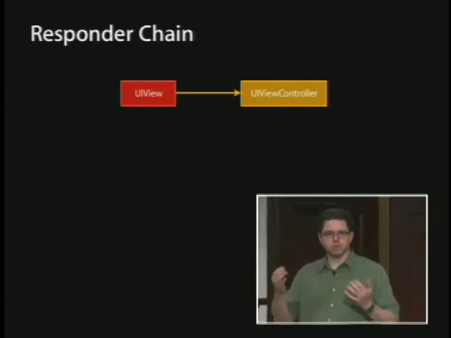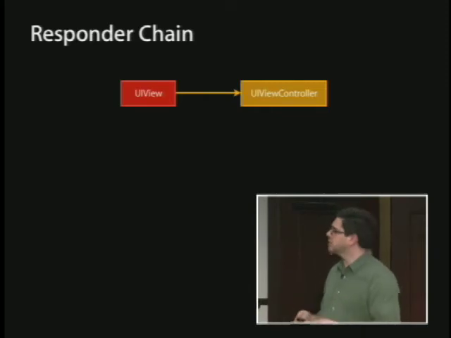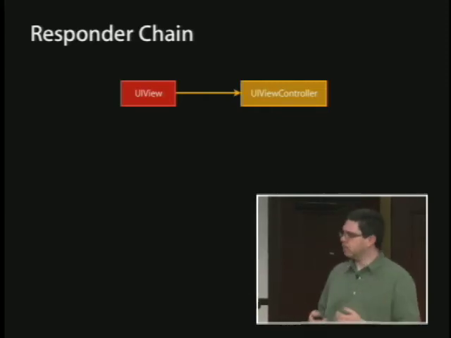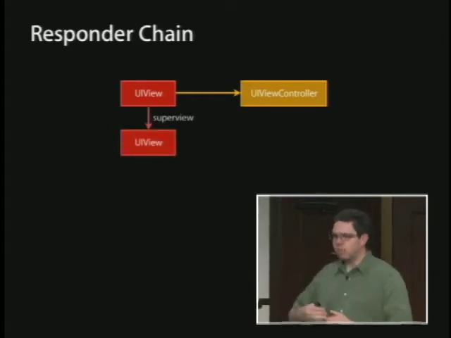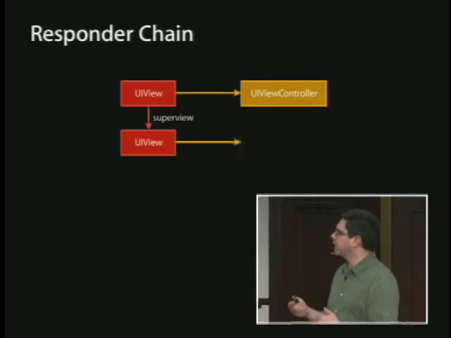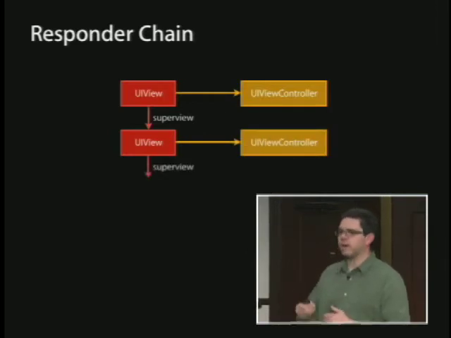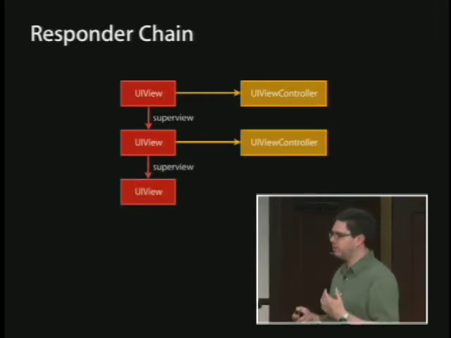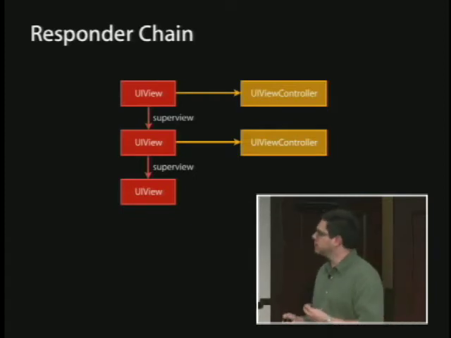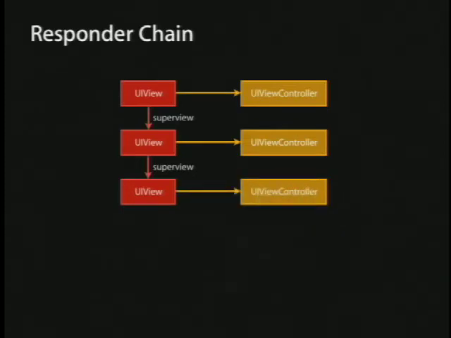Remember, the view controller is a subclass of responder, so it can handle touches. If it doesn't provide an implementation or handle those touches, we'll go up the super view list. So basically, we'll start with that view's super view, we'll check its view controller, and we'll just keep working our way up the view hierarchy trying to find some view that can process these touches. Eventually, we'll run out of views and we'll hit the window. So the window gets a shot at handling the touches.